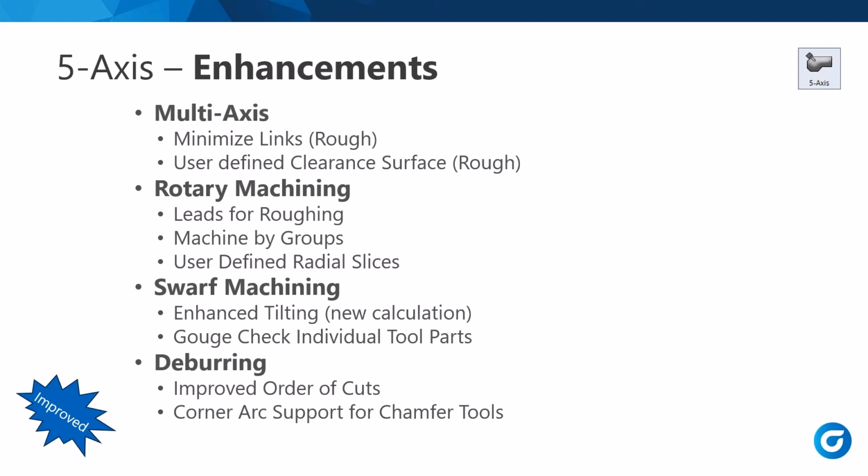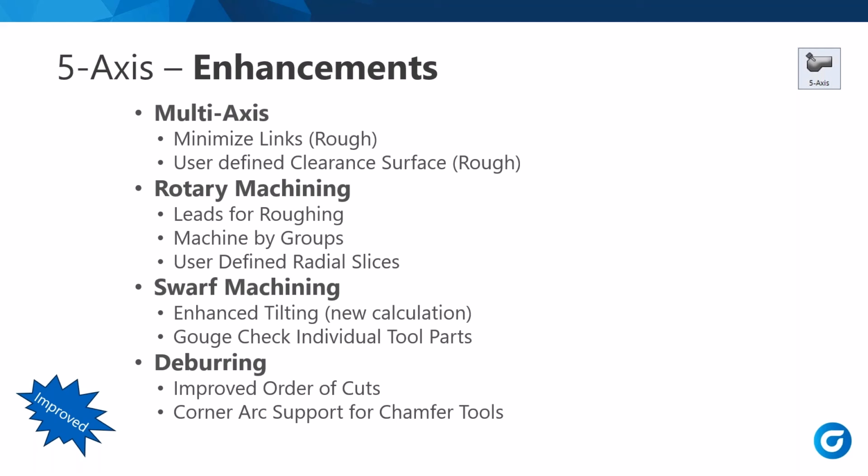But here we can actually pick a surface, and that surface becomes the clearance that it's going to retract to. Depending on the shape of the surface and where along the toolpath it is when it retracts, that's where it's going to retract to. So that'll give quite a bit of power for some very specific retracts.